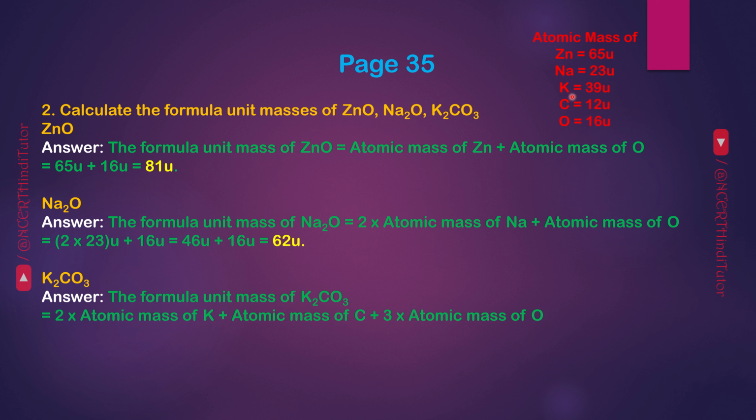Given atomic mass of potassium is equal to 39 unit, that of carbon is 12 unit and for oxygen is 16 unit. So putting the values, 2 into 39 plus 12 plus 3 into 16. So after solving the brackets first, we have 78 unit plus 12 unit plus 48 unit. Finally, after addition, 138 unit.